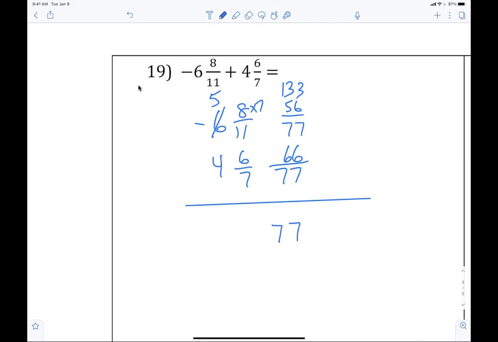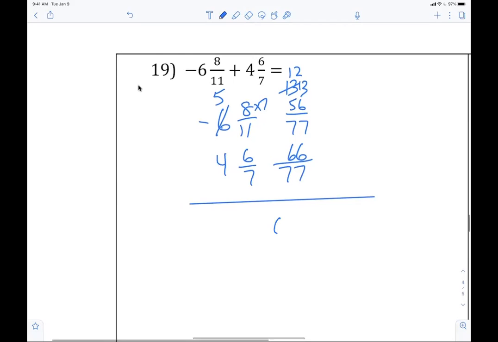Wait a minute. I don't think it can be 77. Make the 13 a what? 12, right? 67. There you go. Right? Don't worry. So it would be 1 and 67 over 77.